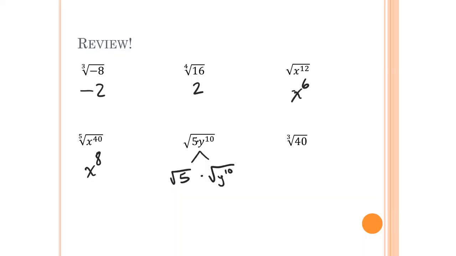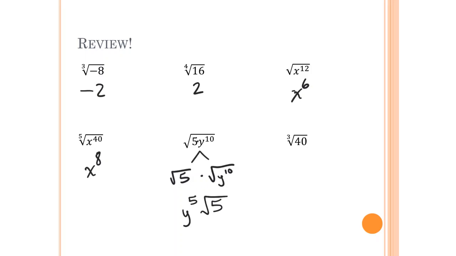Square root of y to the 10th is y to the 5th. But we can't simplify the square root of 5, so we just leave the square root of 5 under the radical. This is a good time to mention that we also typically want to write any part of that expression that's not under the radical in front of the radical. So that's why I put the y to the 5th over there and left the radical 5 over here.